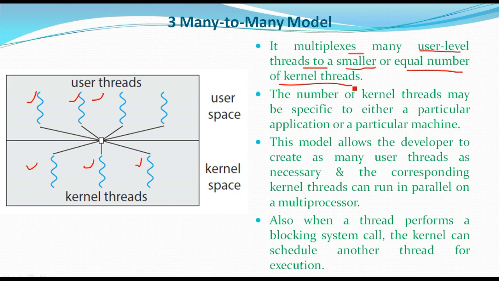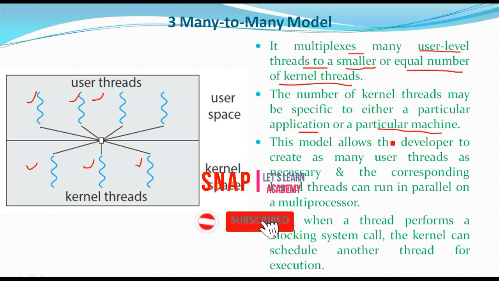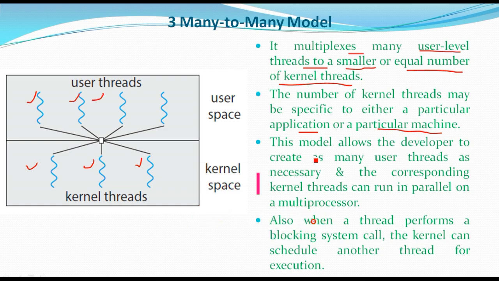The number of kernel threads may be specific to either a particular application or a particular machine, and this model allows the developer to create as many user threads as necessary, and the corresponding kernel threads can run in parallel on a multiprocessor. So this benefit we can get in the many-to-many model.